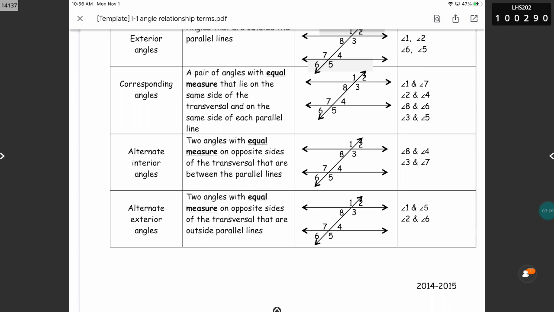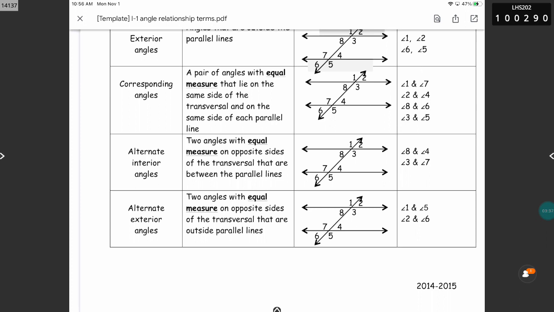Mm-hmm. So 1 and 7 would be the same, 2 and 4 would be the same, 8 and 6 would be the same, and 3 and 5 would be the same. Because I can translate it to that point. Does everybody see that? Okay, this is why this is where we do it at, because it's still a transformation.